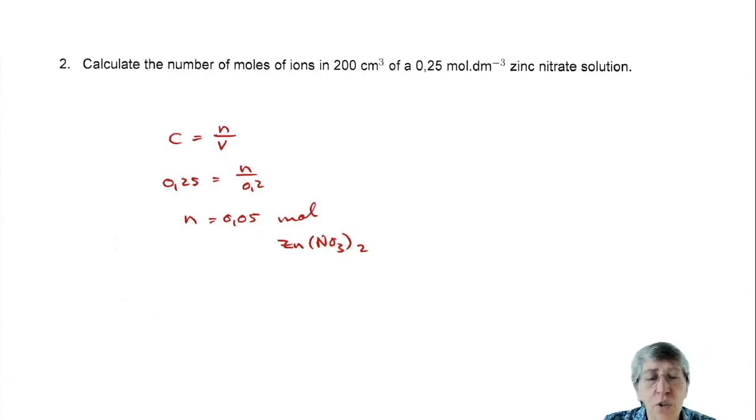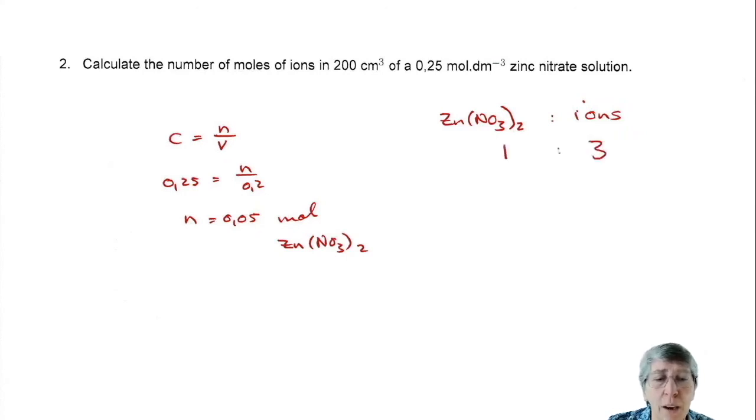And now we need to go from that zinc nitrate that they gave us to ions. So here we need a conversion factor. If I've got one of those and I take it apart, how many ions? Now remember, don't take the atoms apart. You need ions. And then you will see it's 1 to 3. Because you've got there 1 zinc in there and you've got 2 nitrate ions. So altogether you've got 3 ions.